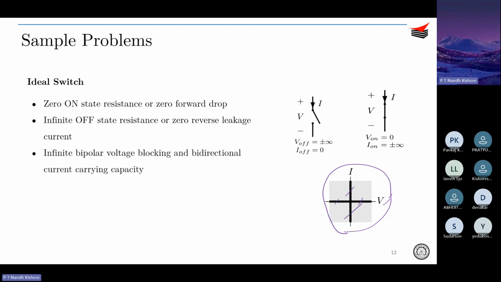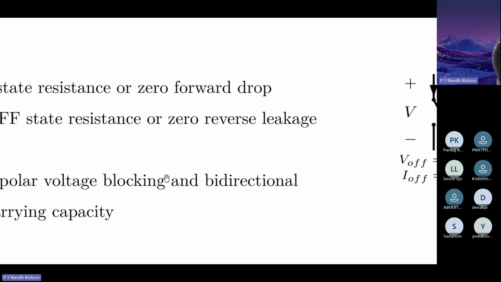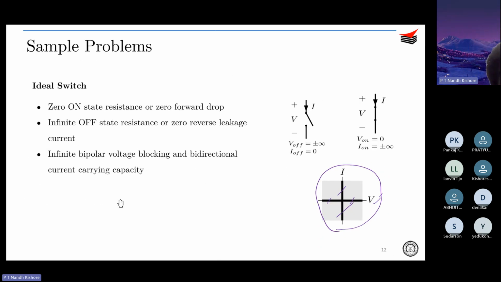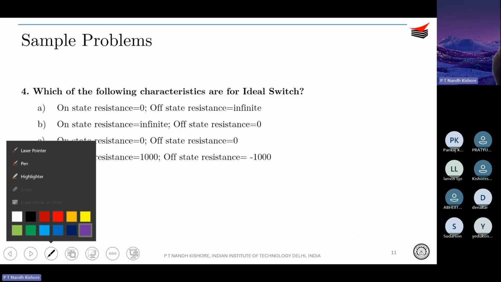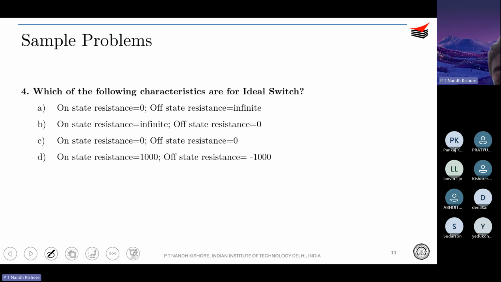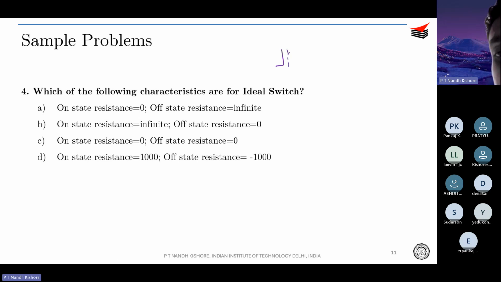as I was mentioning earlier, when the device is turned on, in the case of a MOSFET, you have something called RDS on. When it is completely turned on, you can approximate the entire channel as an RDS on, the drain to source resistance.